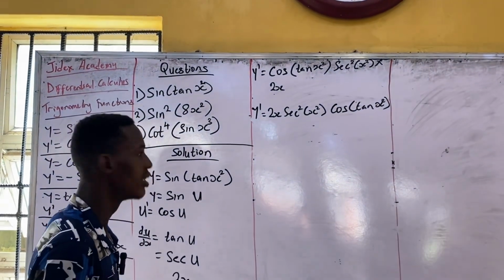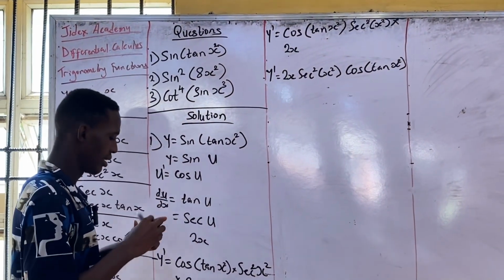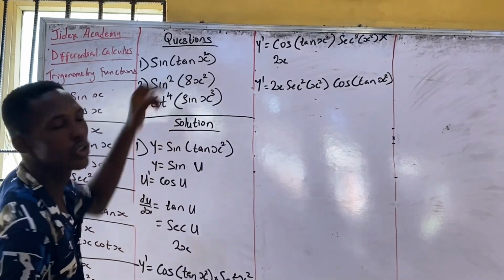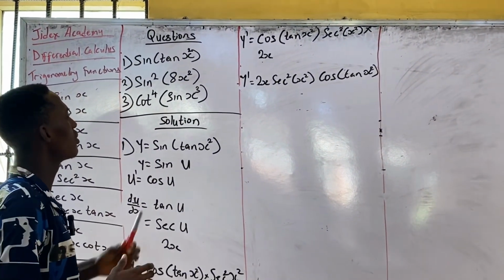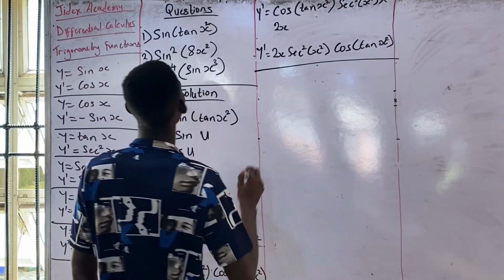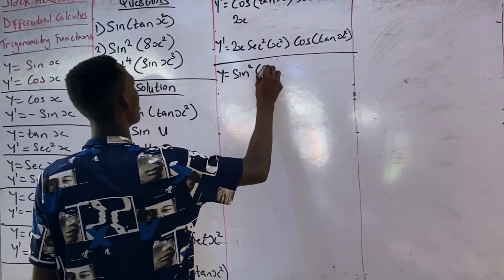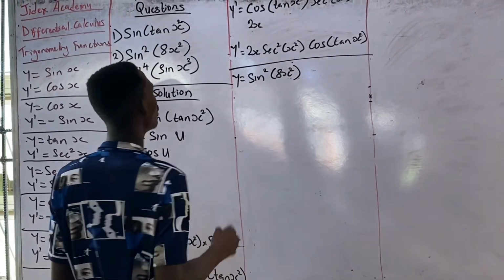Do you understand? Now we can apply the same thing here too, but the difference is this is having a square. So which other way can we do it? We are done with this. So our y is equal to sine square open bracket 8x square. So what do we do?